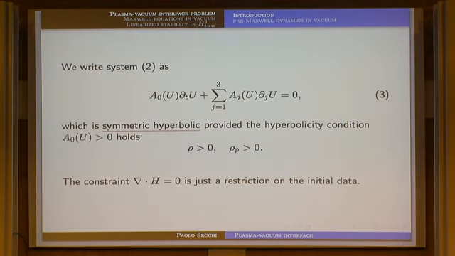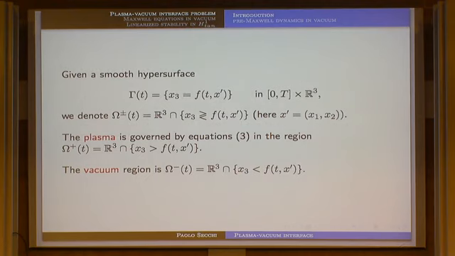Okay. So now we have a smooth hypersurface, gamma of t, depending on time, that we give in the form of the graph of a function. And this f will be an unknown of the problem. So this hypersurface divides the whole space R3 into parts, above and below, omega plus, omega minus.